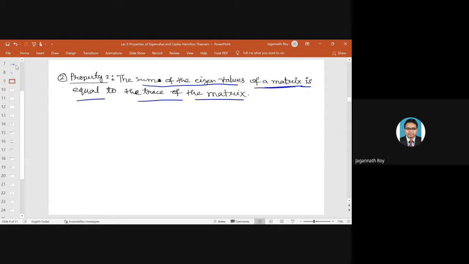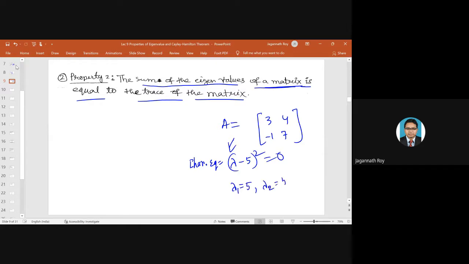If you look at the matrix A equals 3, 4, and -1, 7, we have just seen it has lambda minus 5 whole square equals 0 as the characteristic equation. Then lambda 1 equals 5, and lambda 2 is also 5.